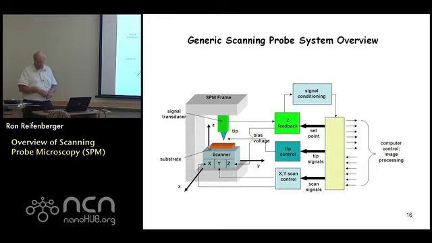The entire system looks something like this. So if you actually want to use one of these microscopes, you're going to be sitting out here at a computer control, and this computer control is going to issue commands to various modules. These various modules are going to control the feedback of the tip with the separation of the tip from the substrate. If you put voltages on your tip, there's going to be a voltage control.